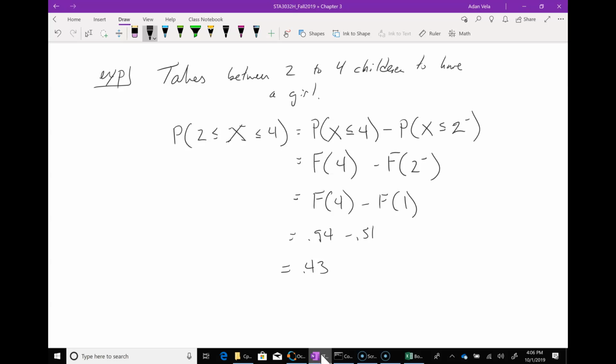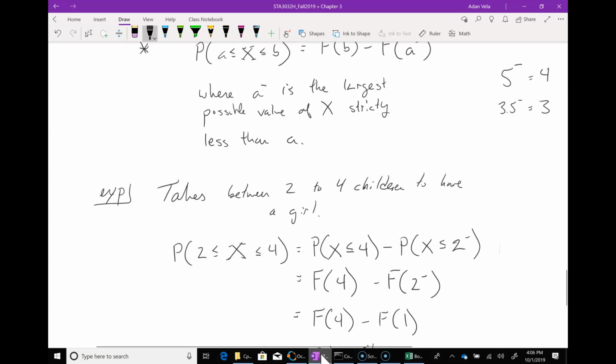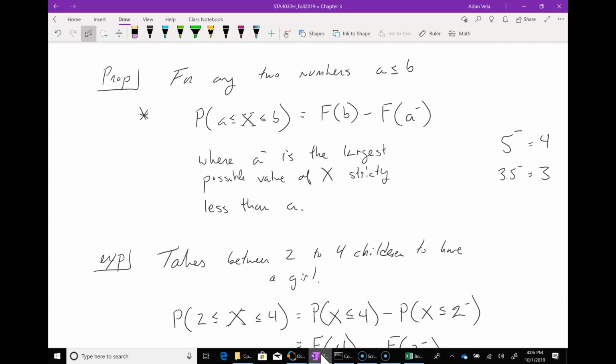Instead, all I have to do is look up two numbers: the CDF for 500, and the CDF for 0 in this particular case, corresponding to the 1. And then I subtract those two numbers. And so that's what makes this proposition so useful, and this is what makes CDFs really useful.